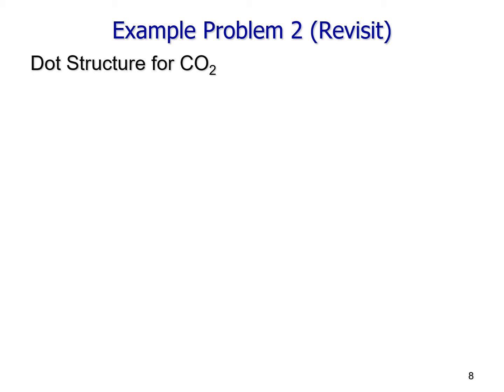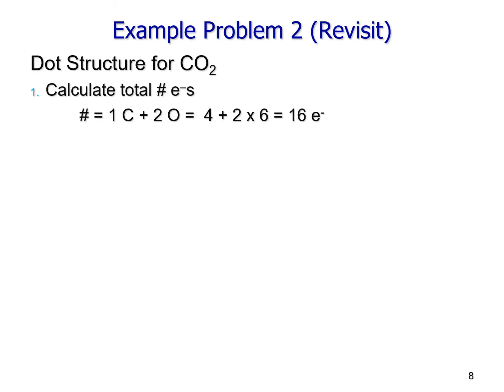Okay, now let's pick up what we have left from Lewis structures. We're going to take another look at our second example problem, writing the Lewis structure for carbon dioxide. If you still recall, we have a total of 16 valence electrons, and we put carbon in the center, surrounded by two oxygen atoms.